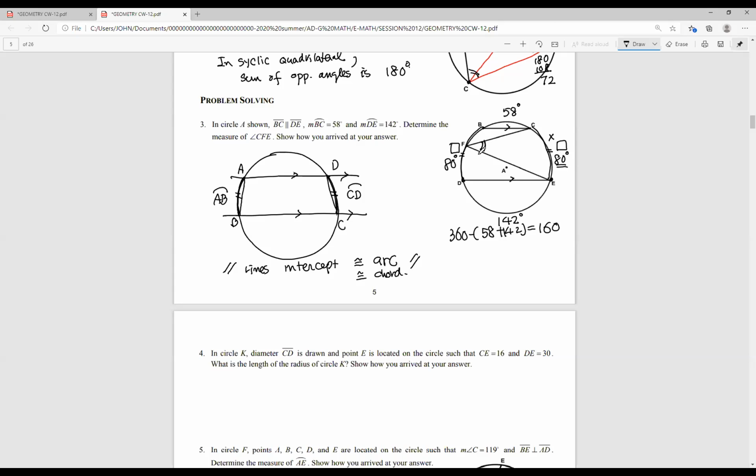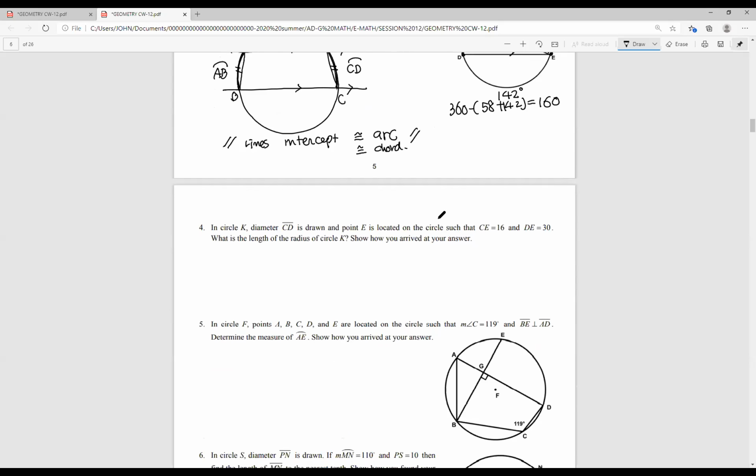This is the inscribed angle, isn't it? So this inscribed angle is half of this center angle. It's going to be 40 degrees, isn't it? So the answer is 40. That's it, okay? Now we're going to have number 4.